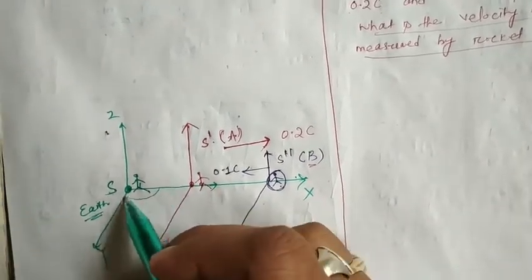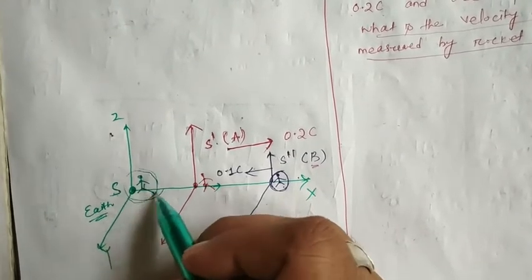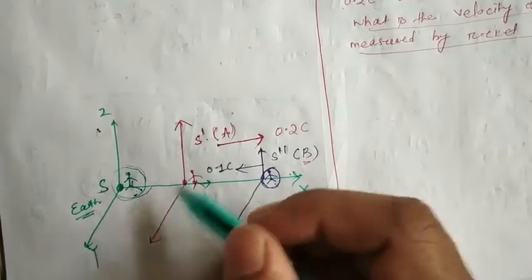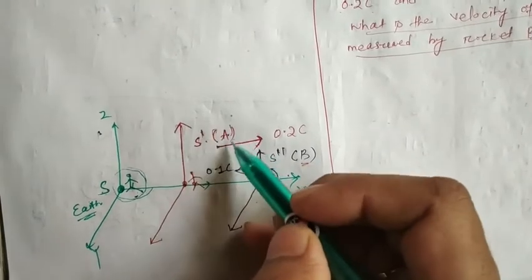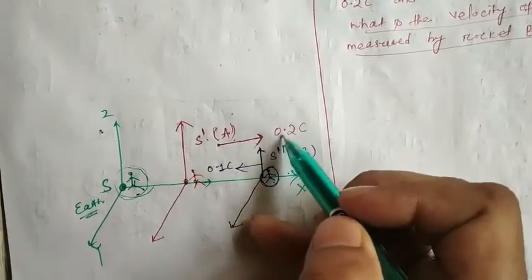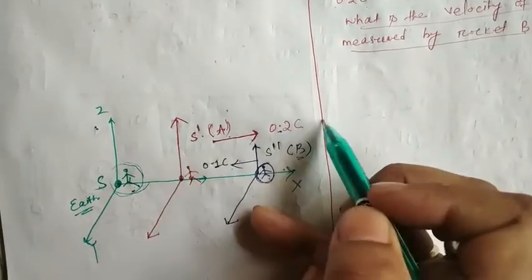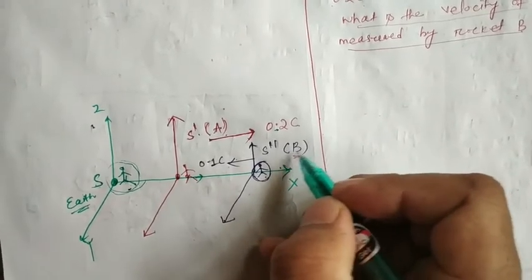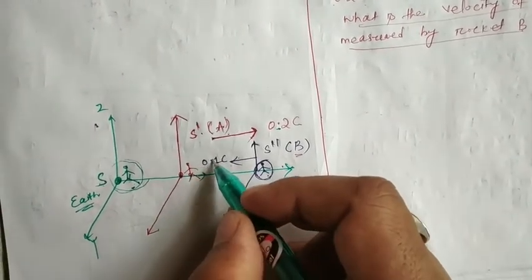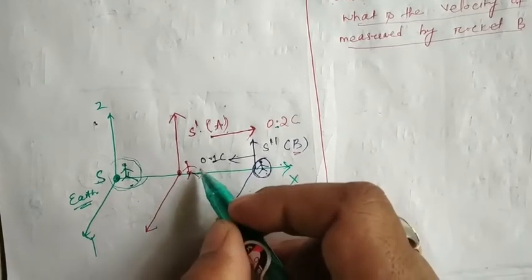So for this person in the earth frame of reference, rocket A is moving at 0.2 c towards this side. Another rocket B is moving with velocity 0.1 c towards this side.